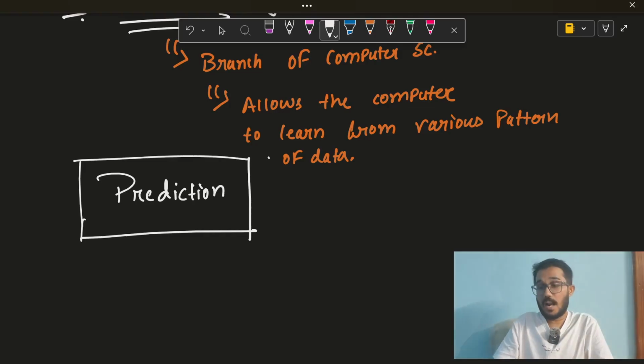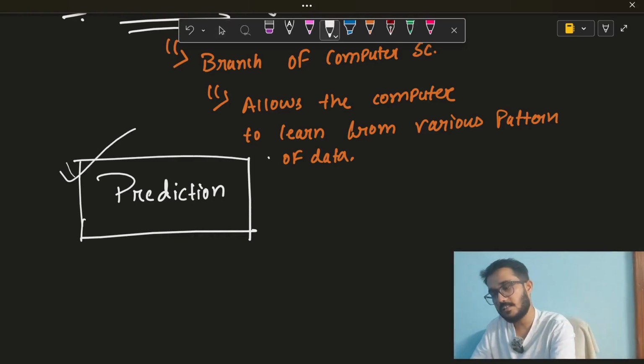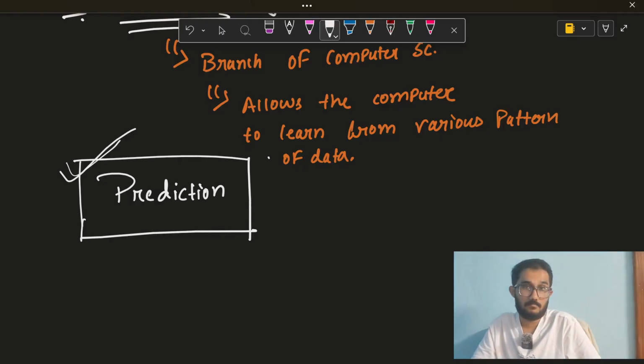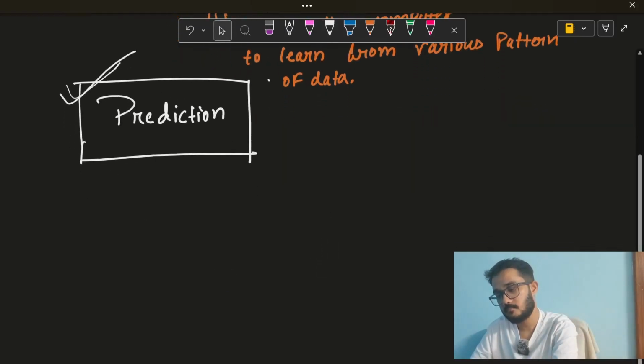Now, the ultimate thing, as per mathematics and statistics, is prediction. We will be going for prediction. What will we be predicting? Suppose we take the weather report. In a weather report, what parameters do we have?